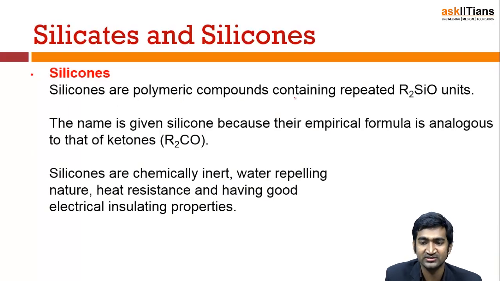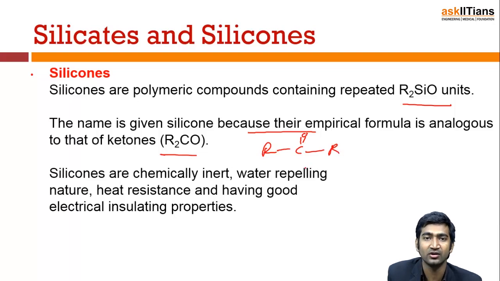And silicones are what? Silicones are R2SiO units. It is given the name silicone because the empirical formula is close to that of ketones. If you remember, CO in between and then 2R. This is your ketone.